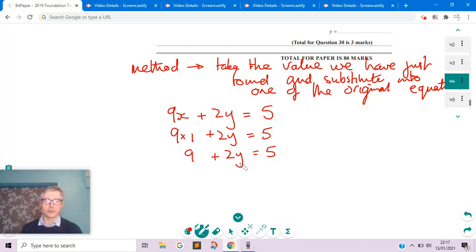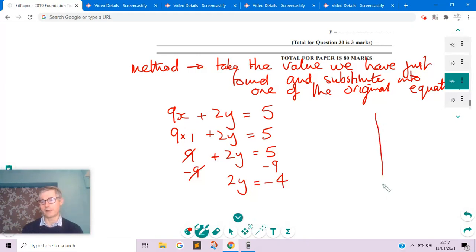I'm going to want to get the y on its own on the left hand side, so I'm going to subtract 9 from both sides. That cancels there. So that leaves me with 2y equals, and 5 take away 9 is going to take us to minus 4.